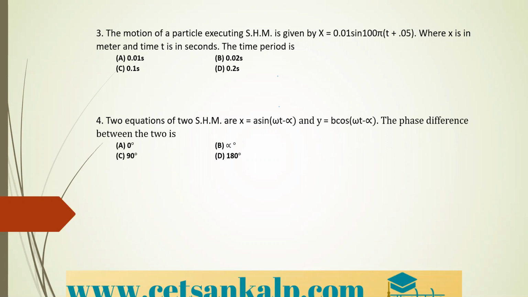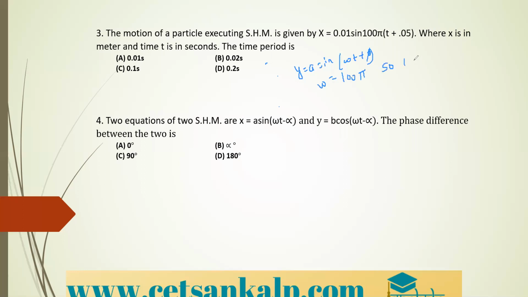The standard equation is given by y is equal to a sine omega t plus pi, where from the given equation we can write that omega is equal to 100 pi.